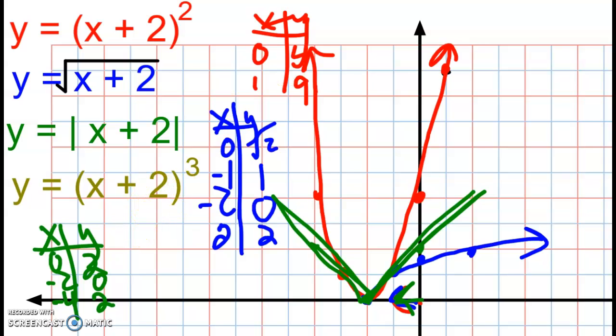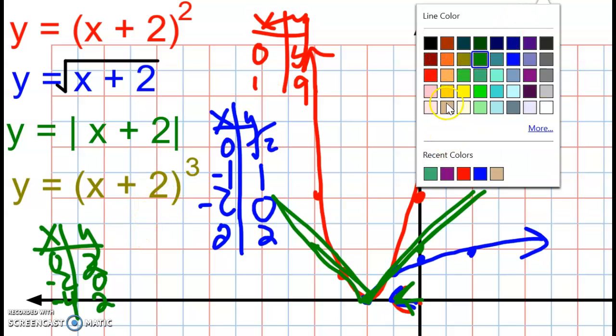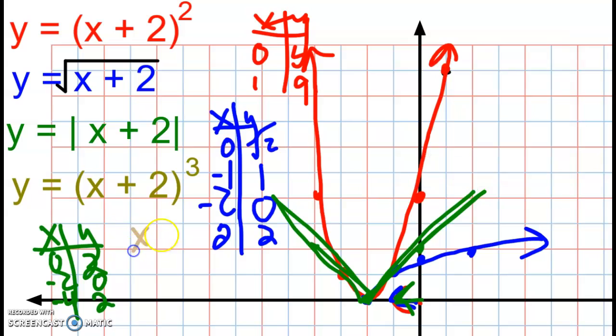X plus 2 cubed. Well, let's see. I put 0 in. 0 plus 2 is 2. 2 cubed is 8. Okay, up here. I put 1 in. Oh, that's going to be too big. Let's go to negative 1. That gives me 1 cubed is 1.